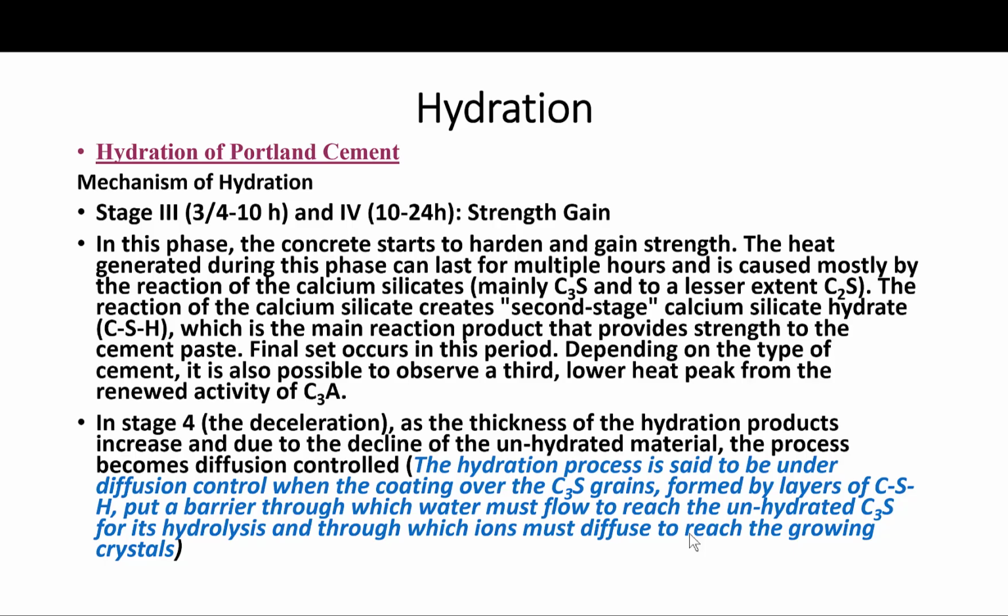So the heat generated during this phase can last for multiple hours and is caused mostly by the reaction of the calcium silicates, mainly C3S and to a lesser extent C2S. The reaction of the calcium silicates creates calcium silicate hydrate, which is the main reaction product that provides strength to the cement paste.